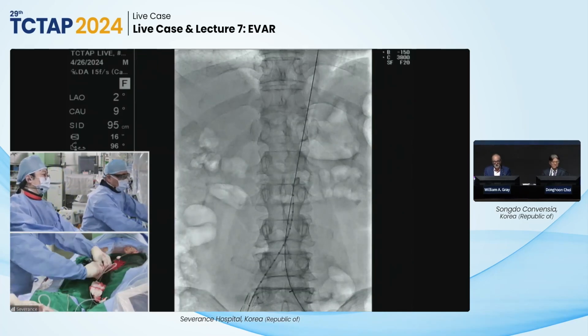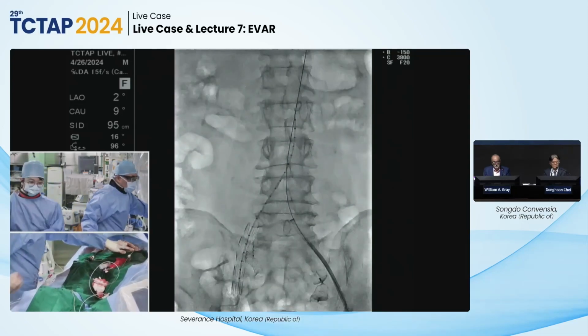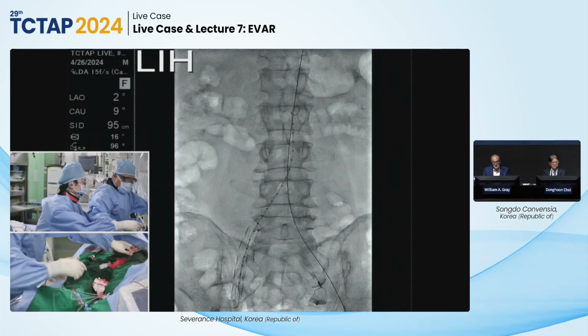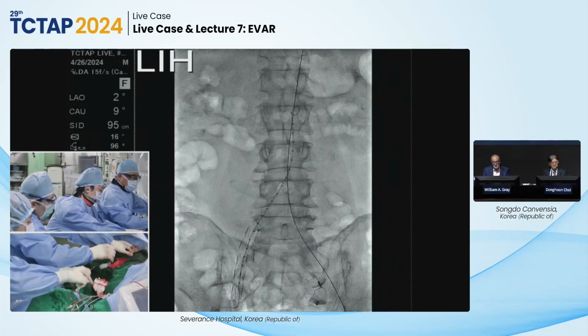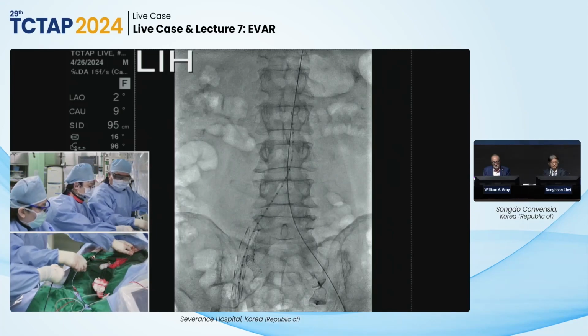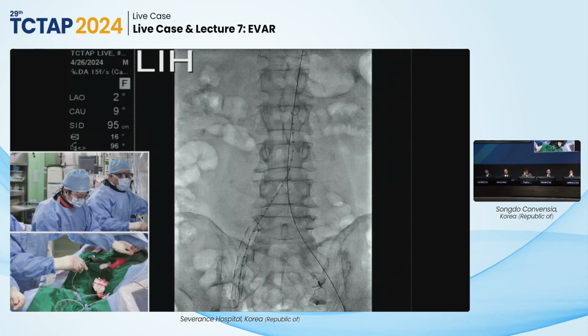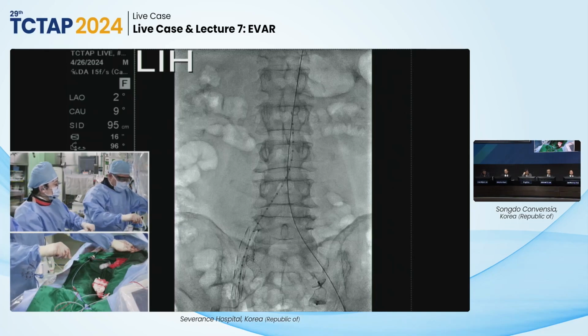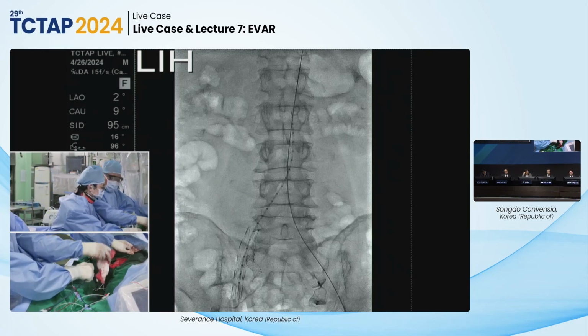So the Zenith Flex system has a delivery system of 20 French. And I think the newest one is the Alpha. It has a slightly smaller profile.